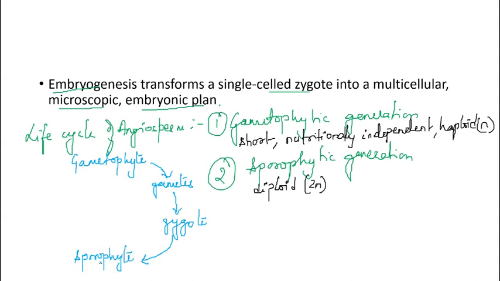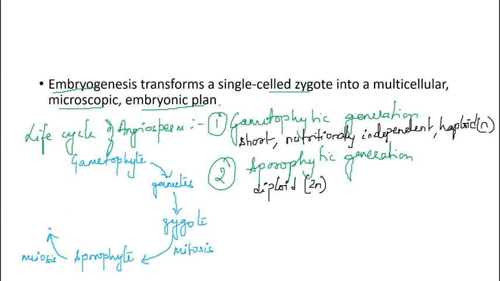This sporophyte plant is diploid, so to form the gametophyte again, it needs to undergo meiosis. The zygote is 2N and has undergone mitosis to form the sporophytic plant. The sporophytic plant has to undergo meiosis to form the haploid generation again.